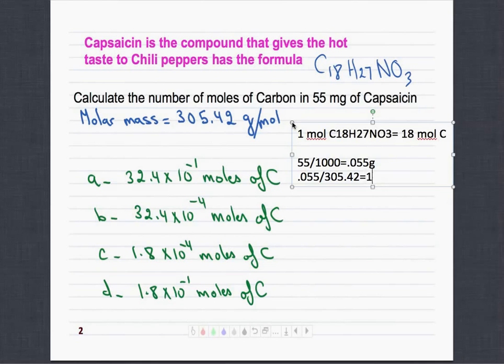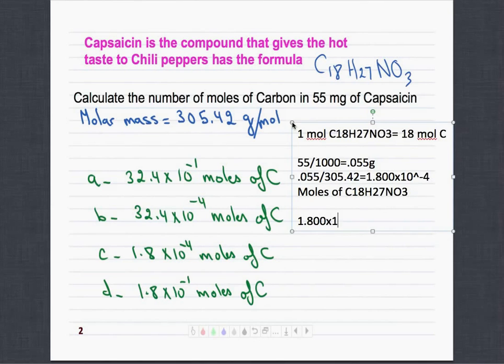So now I have it in grams. Now I want to calculate the number of moles. I have to divide by the molar mass, which is 1 mole has 305.42 grams. Mainly I'm using n equals the mass over the molar mass. I know the mass, I'm dividing by the molar mass of the whole compound.